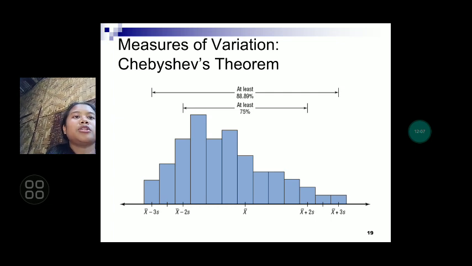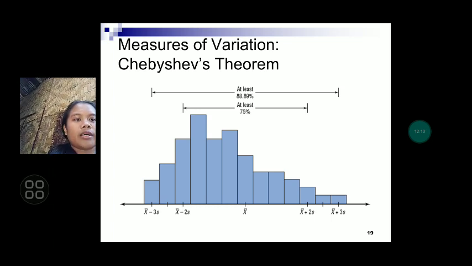So that is the measure of variation, the Chebyshev theorem. You can see it in the graph: at least 75%, at least 88.89%, and at least 93.75%. The bar graph shows x minus 2s to x plus 2s, and x plus 3s.